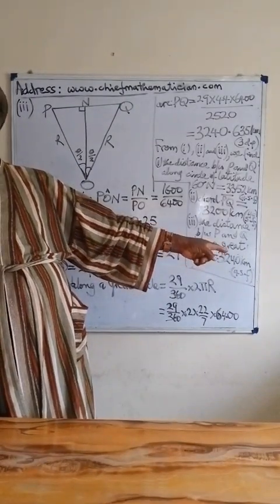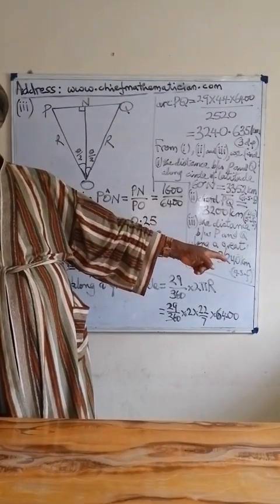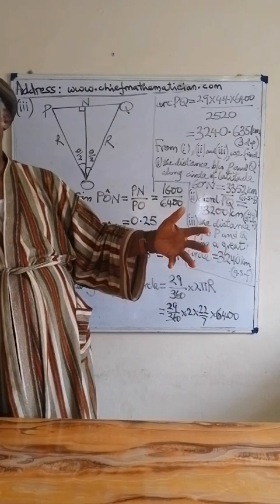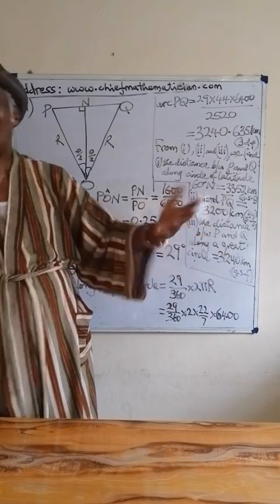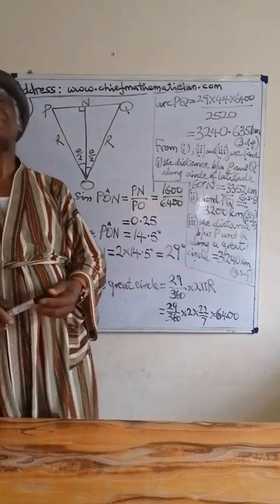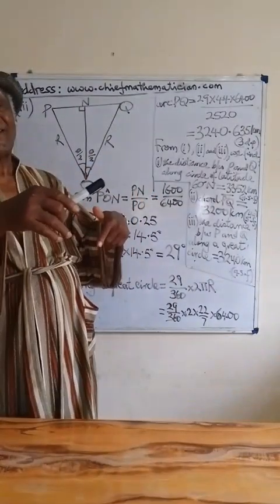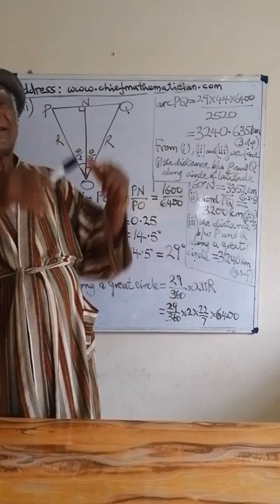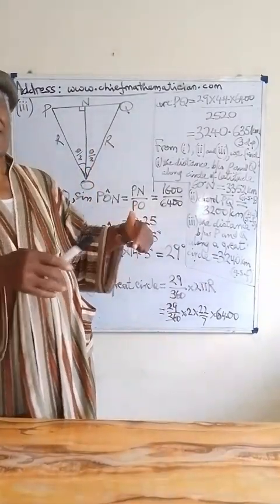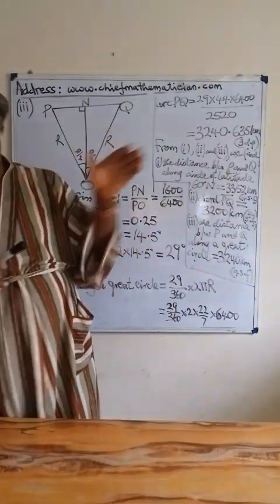That is the shorter distance. But like I told you very clearly, there are 3 distances: the one along the arc, the circle of latitude, the one along an arc on a great circle, and the chord.